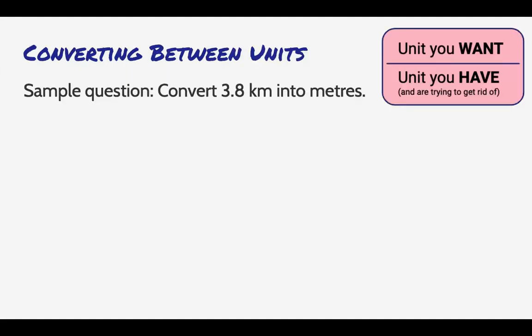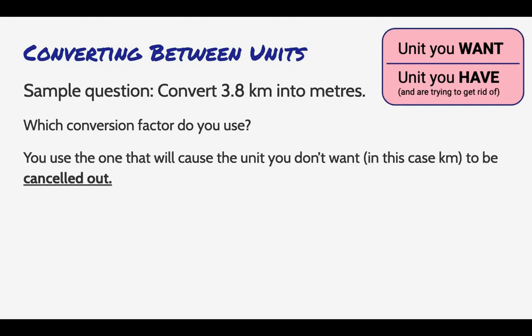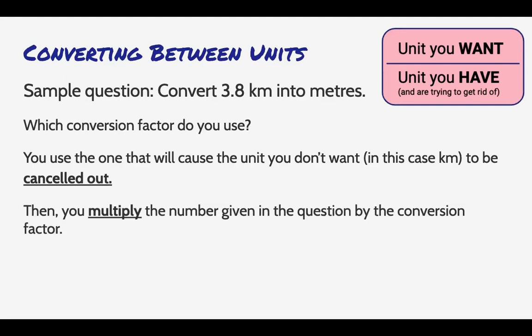So let's look at a sample. We're going to convert 3.8 kilometers into meters. We just talked about how we could have two different conversion factors when going between kilometers and meters. So which one are we going to use? We're going to use the one that will cause the unit we don't want, which in this case is kilometers, to cancel out.